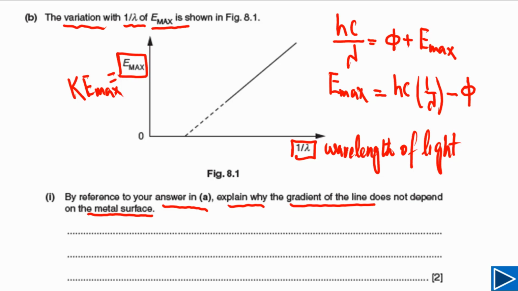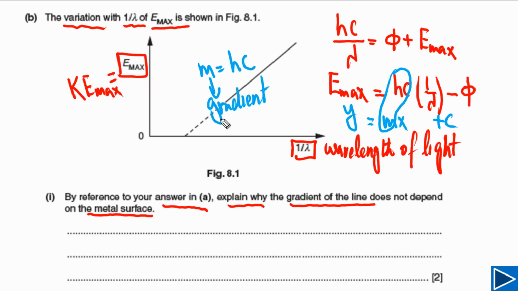Now if we compare this with the straight line equation, y equals mx plus c, we will find that the gradient of this graph is equal to hc. M is the gradient, 1 over lambda is x, the y-intercept is negative phi, and E max is on y.